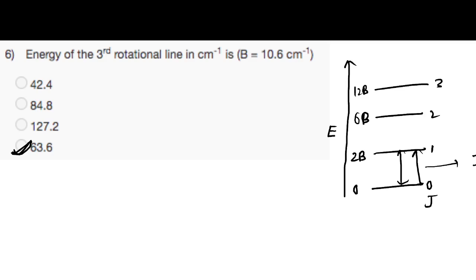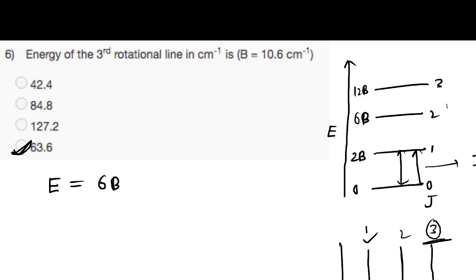So this transition we call the first line, and this is appearing at 2B, and the transition from 1 to 2 is 4B. And the transition from 2 to 3 is 6B. So it is asking for the third rotational line. So this is your first, second, third. For the third rotational line, what will be the energy? 6B.